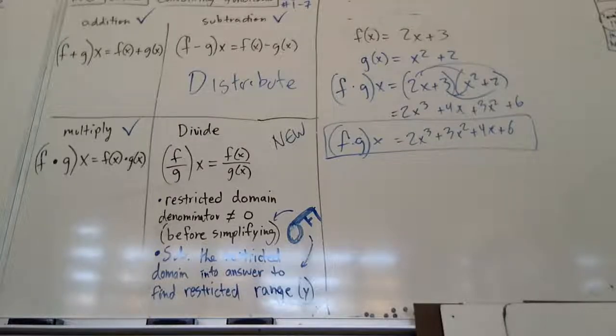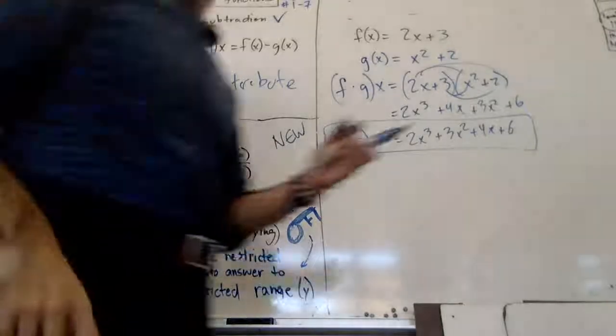G of x is x squared plus 5x plus 6. We want to do f divided by g of x. We want to see what happens there. So we go x plus 2 over x squared plus 5x plus 6, because I'm just putting them in the form. Those at home just missed that.